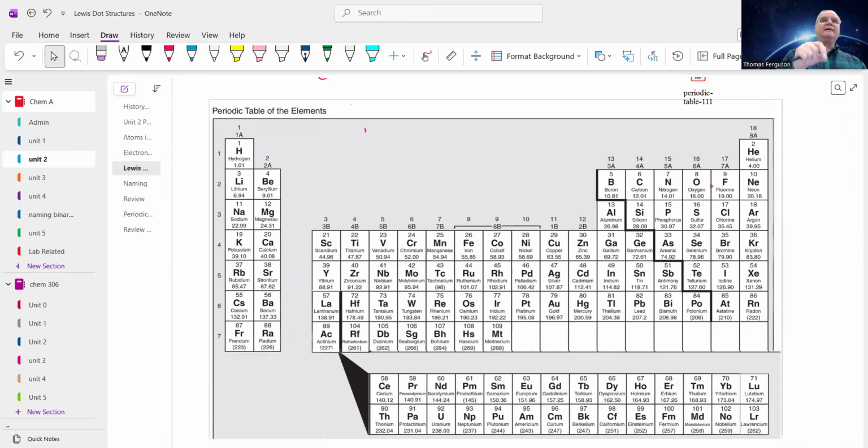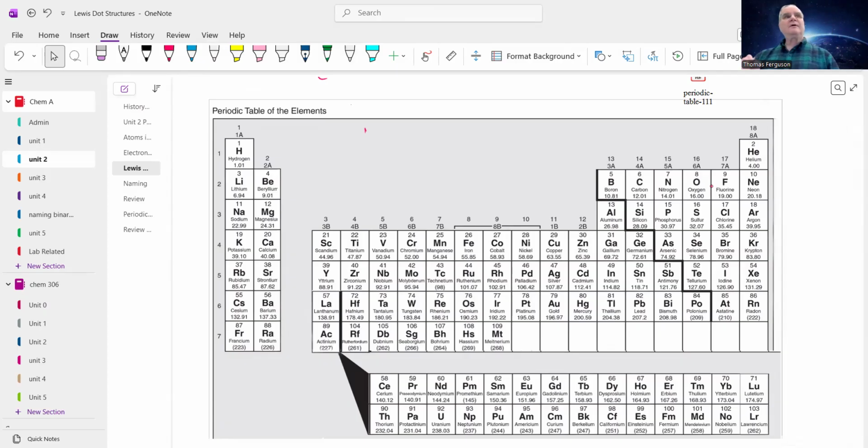The reason they have similar chemistry is because the number of valence electrons are the same. And again, valence electrons determine chemistry. So if they have the same number of valence electrons, that means they have the same chemistry. Now we're going to study this again in Unit 4 in even more detail.